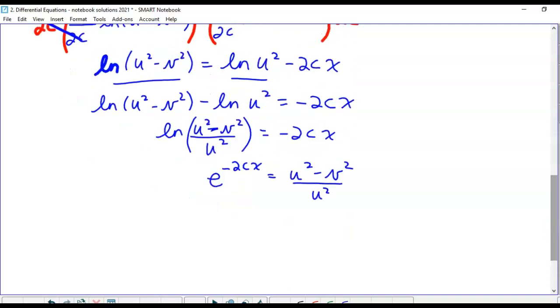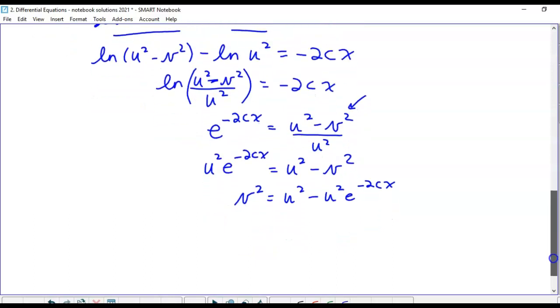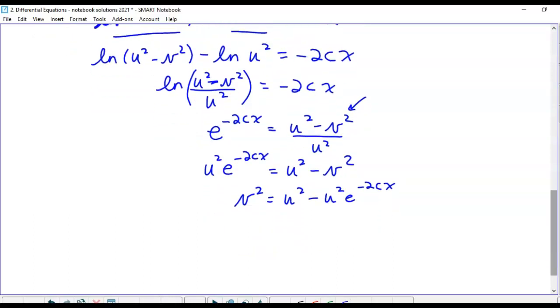And now get v by itself, so multiply through by u squared. And then that would be v squared equals u squared minus u squared e to the negative 2cx. Okay, and I'd probably factor out the u squared.